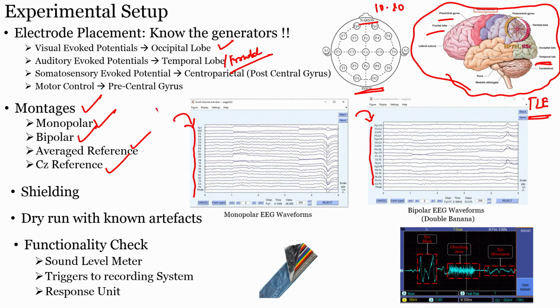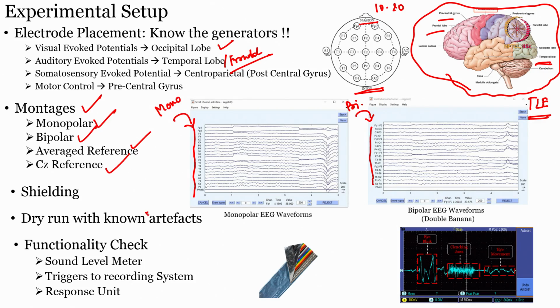So this is called monopolar and this is called bipolar. Very important. You should know which kind of montage you are going to use before planning any experiment, and where exactly you are going to put your reference and ground. Your reference and ground should be far enough from your recording or active site. These are all important factors before diving into any experiment.